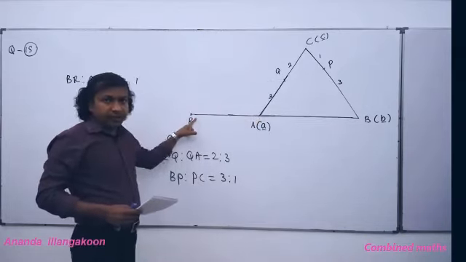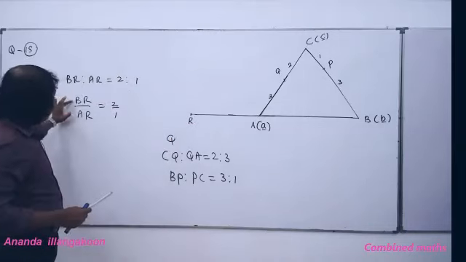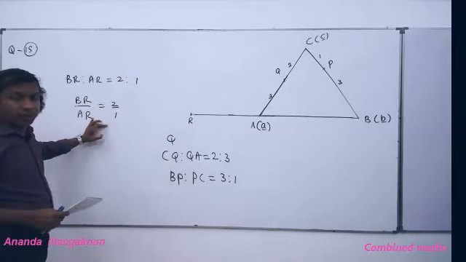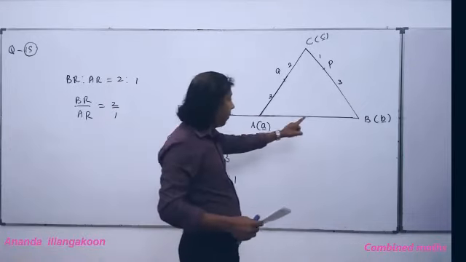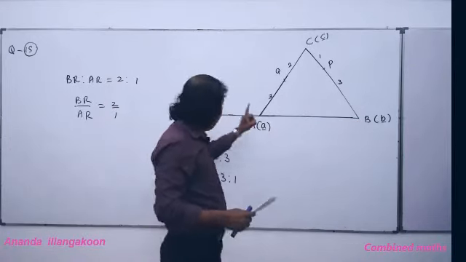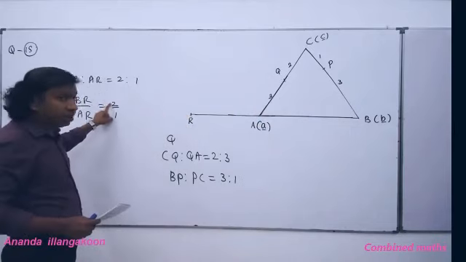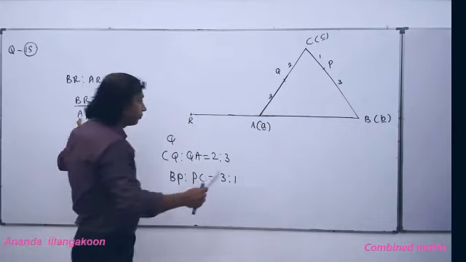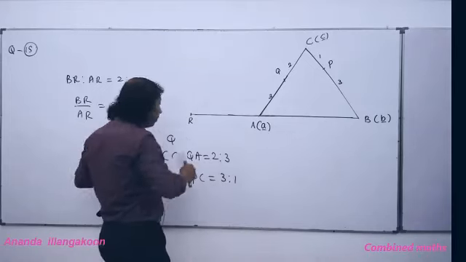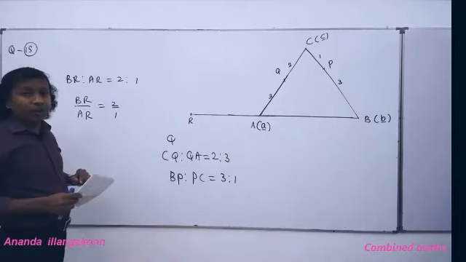What is the ratio? BR is to AR 2:1. That means when B to R the length is 2 units, then A to R the length is 1 unit.